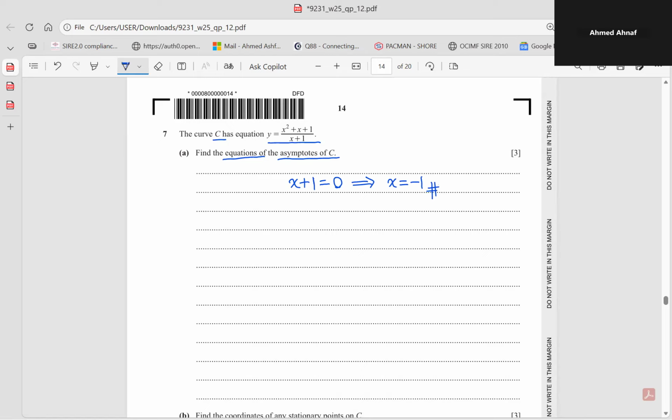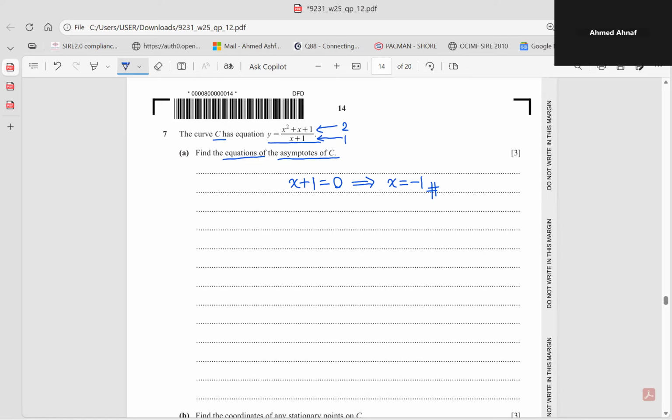And now we need to find our horizontal slash oblique asymptote. As you can see here, the numerator has a greater degree, 2, than the denominator, which has a degree of 1. So if that's the case, then we would have an oblique asymptote.